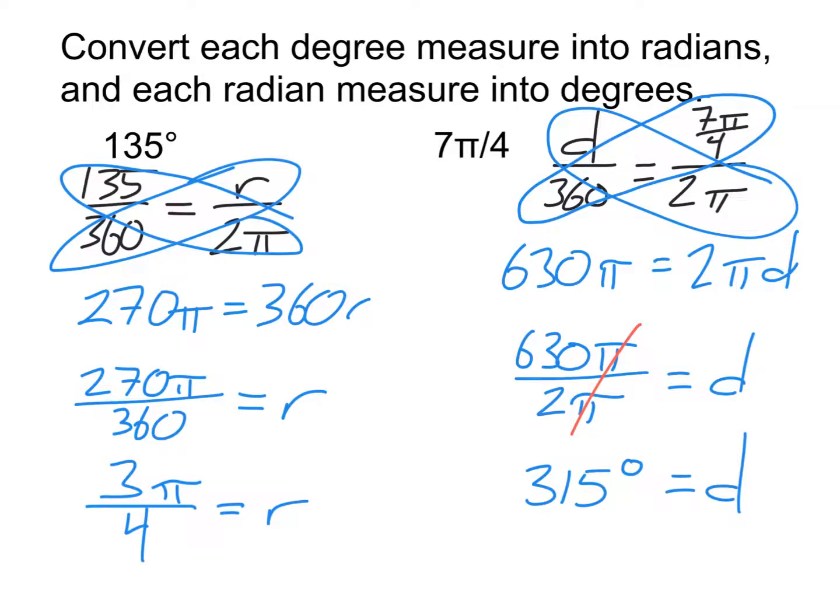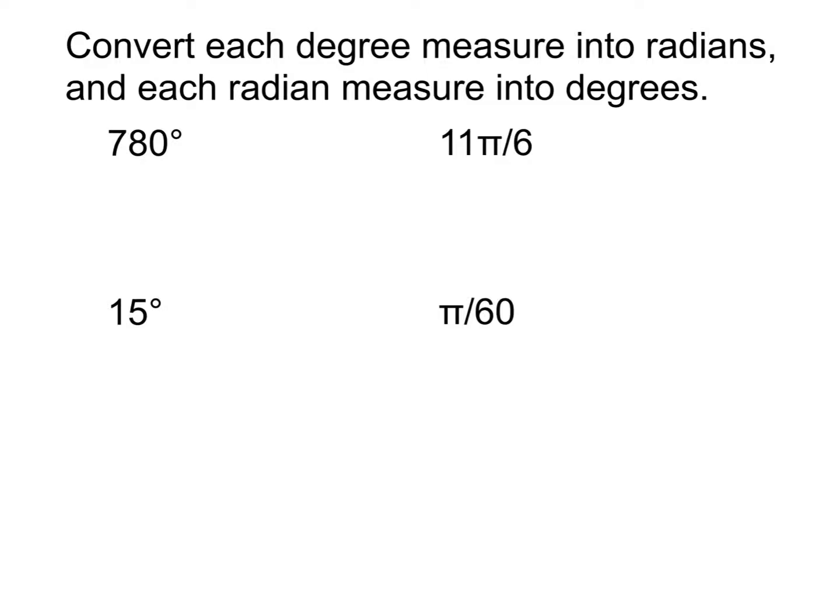All right, now that we did these two examples together, it's time for you to apply this on your own. I would like you to please convert each of these degrees into radians and each of the radians into degrees. All right, so first up for the 780 then, we do 780 over 360, because we always put the degrees over degrees, equals the r over 2 pi.